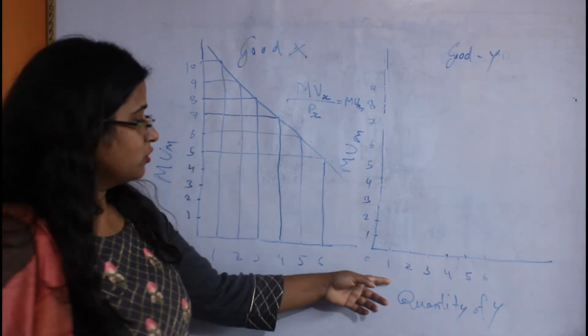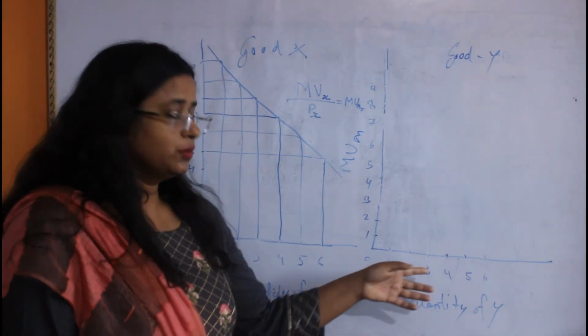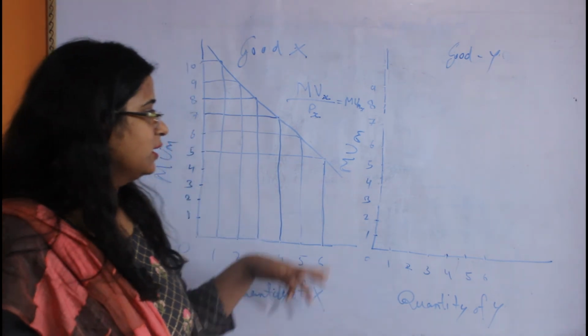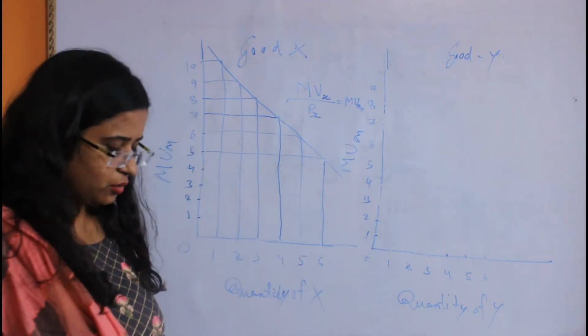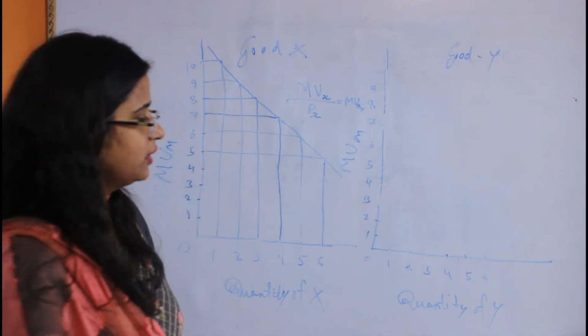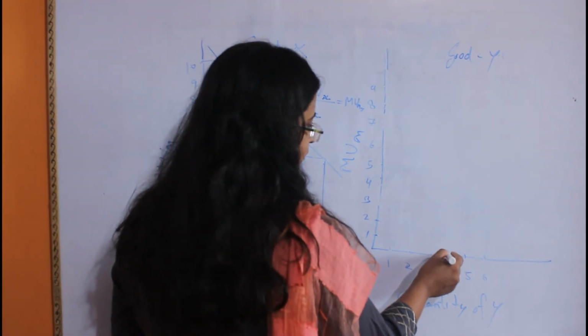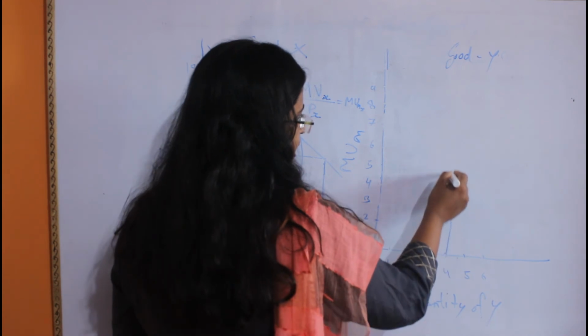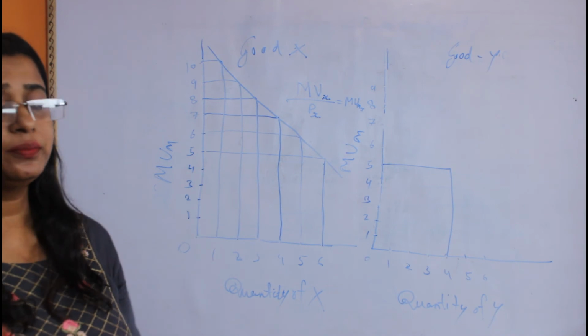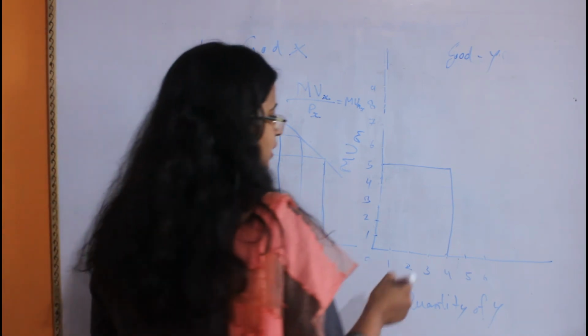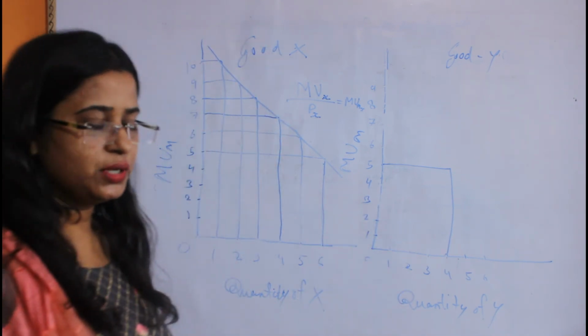This quadrant shows the quantity of commodity Y, and this is the marginal utility of money for Y. We can recall from the table that the fourth unit of commodity Y gives 5 units of marginal utility of money for commodity Y, and it is also a negatively sloping curve.